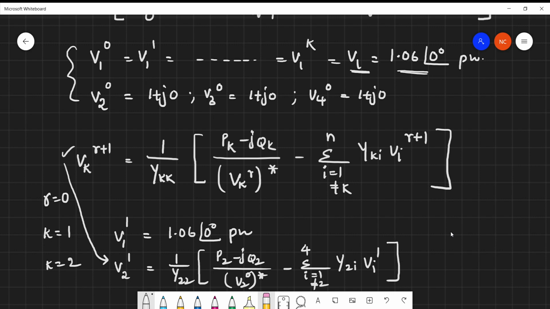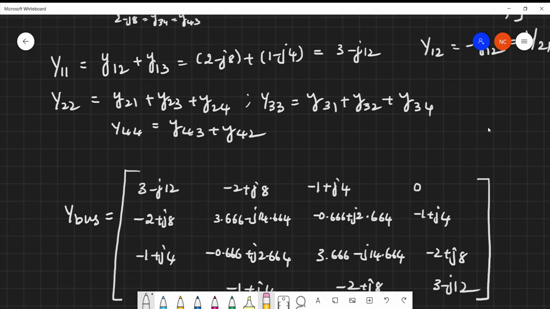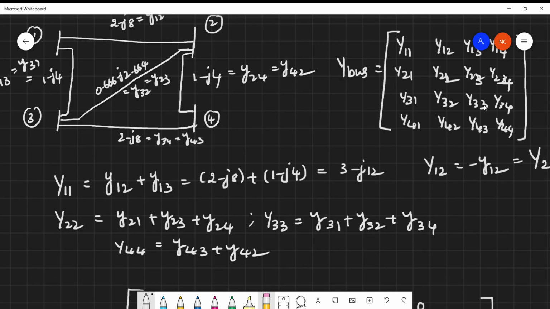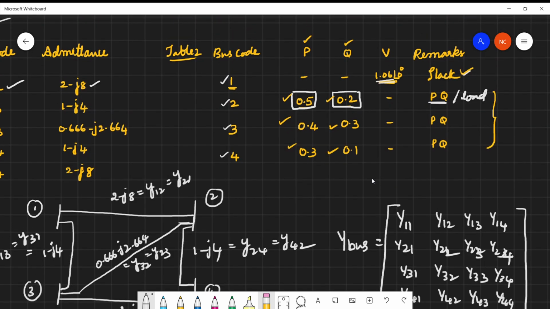Okay, so now let us go to table 2 once. Just hold on for a while. Okay, so here is table 2. In table 2, it is very clear that it is a load bus. Because it is a load bus, P and Q values will be given as negative.